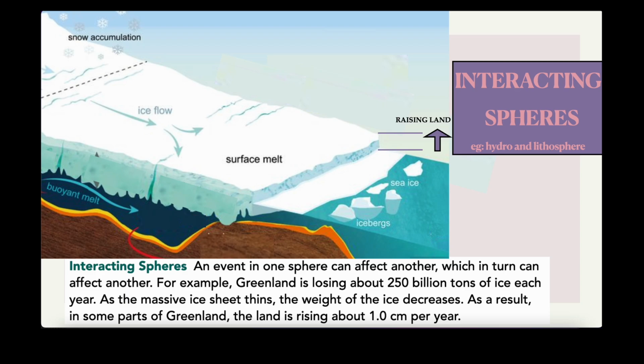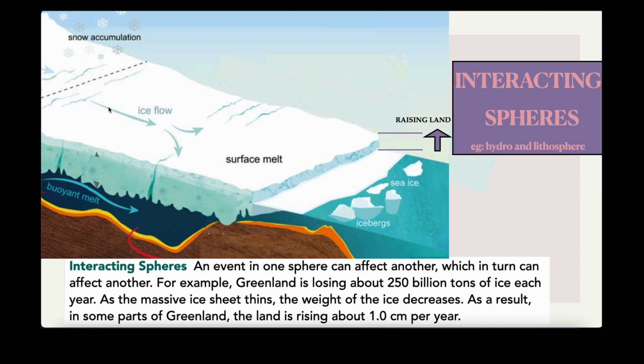Here we are seeing an example of interaction between hydro, that's water, and lithosphere, that's the Earth's crust. An event in one sphere can affect another, which in turn can affect another. For example, Greenland is losing about 250 billion tons of ice each year. As the massive ice sheet thins, the weight of the ice decreases.